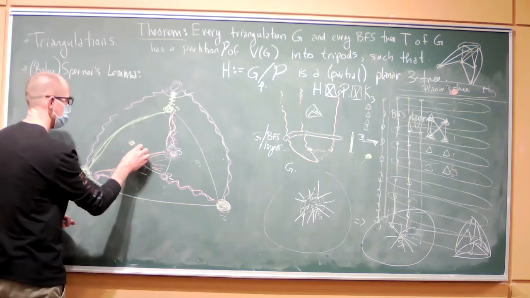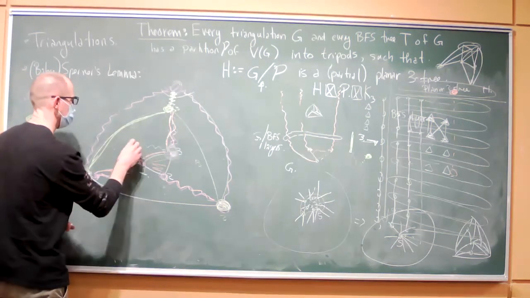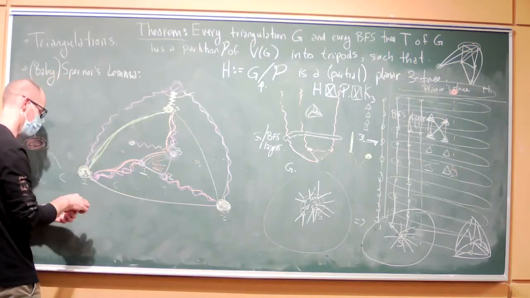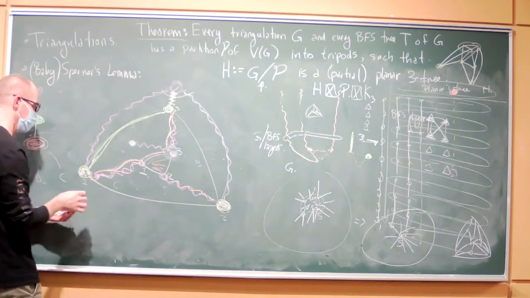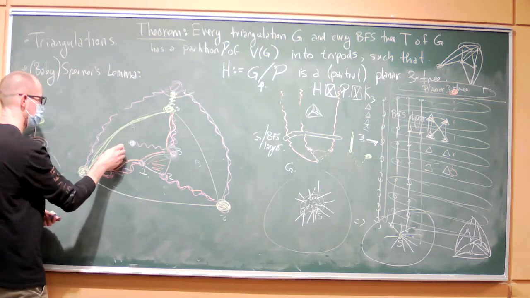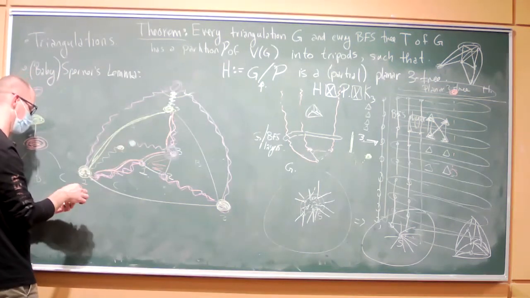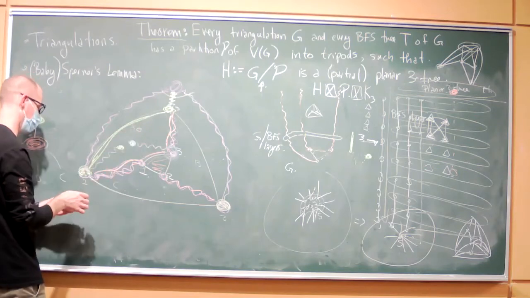And if the path to the root passes through the blue vertex, then I'll call this thing blue. If it passes through one of the green vertices, then I'll call this thing green. Same with this one.